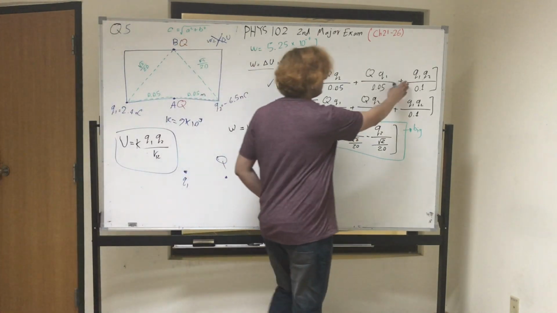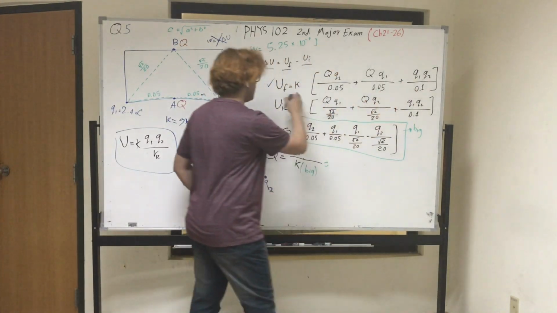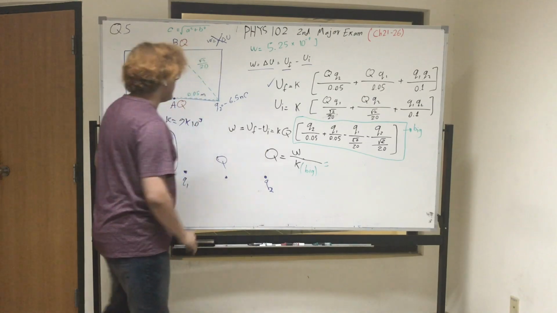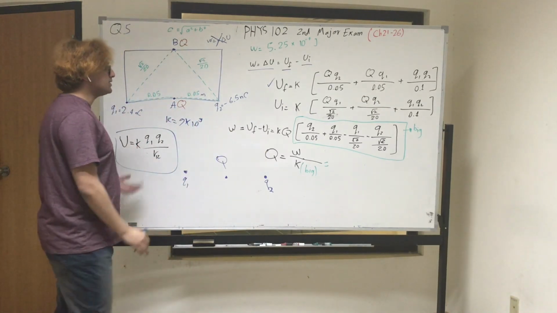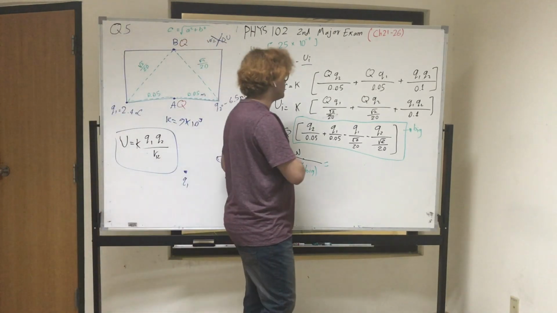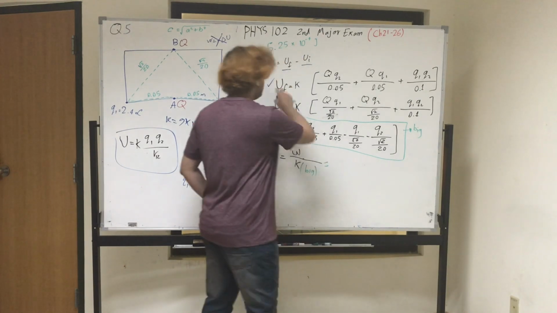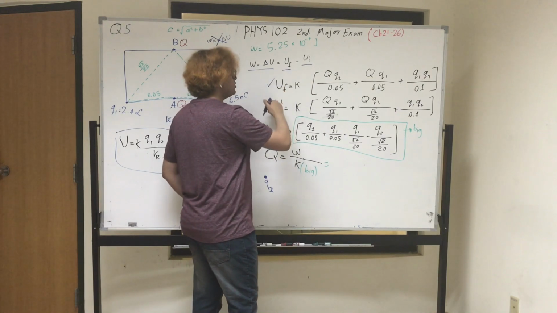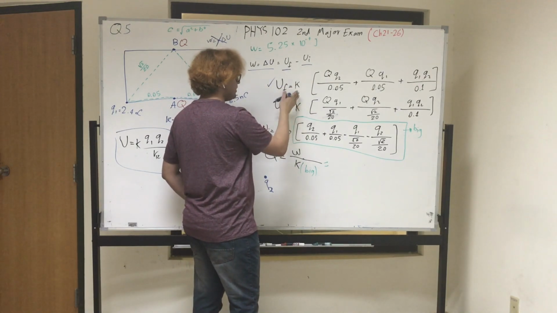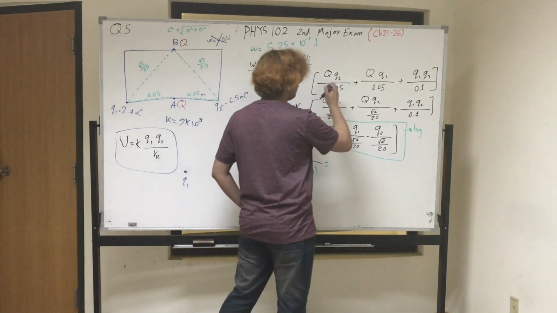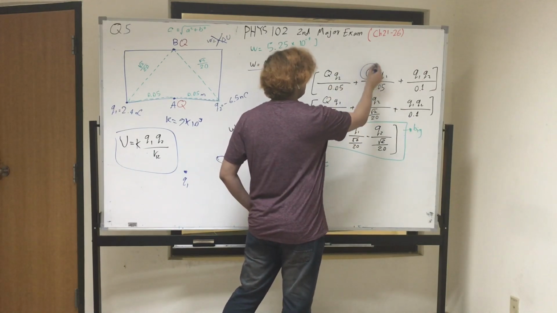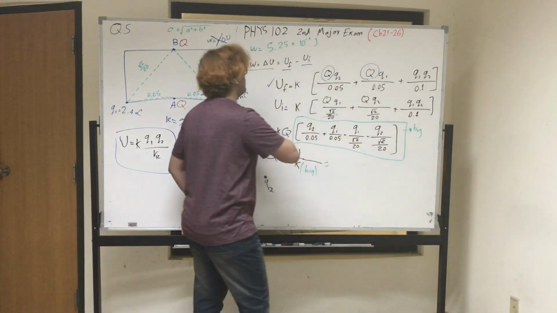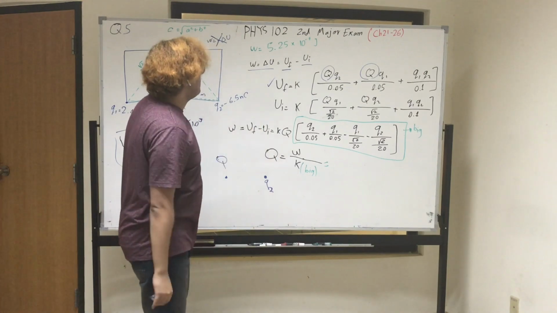So Q1 times Q2 over 0.1, all multiplied by K, because we have to apply the equation as it is. We cannot change anything in the equation. This is the value of our final potential energy. Everything in here is known: K is a well-known constant, and Q1 and Q2 are known. So Q here is the only unknown in this equation.